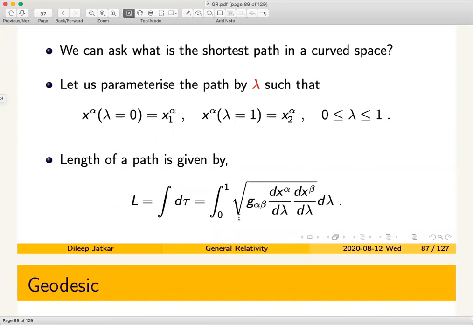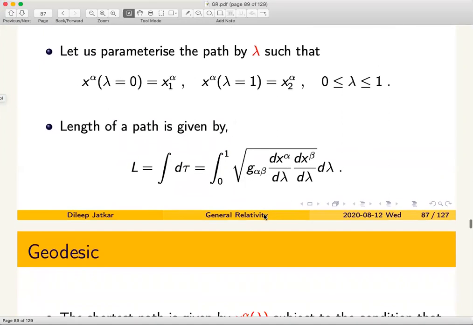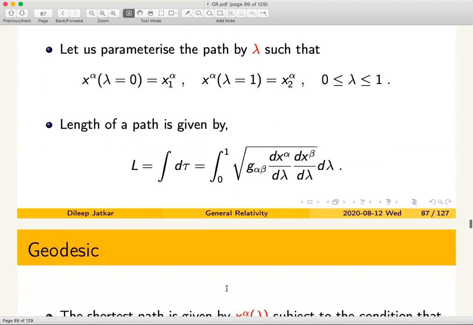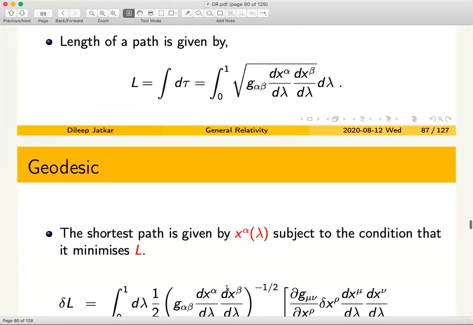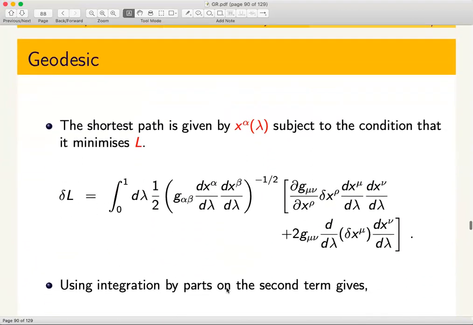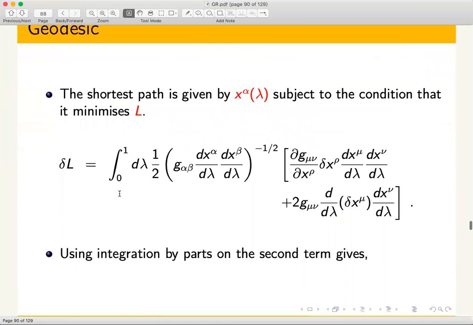But in a generic curved space, that means when G alpha beta is an arbitrary metric, then the localness of the variation becomes much more important, which you do not see when you are looking at the Euclidean geometry.